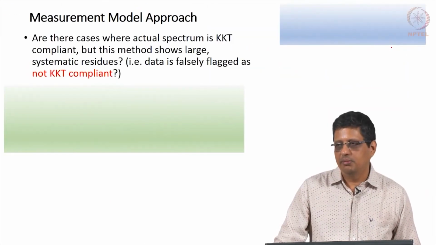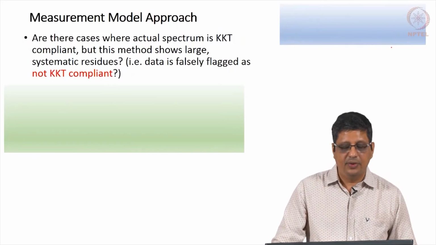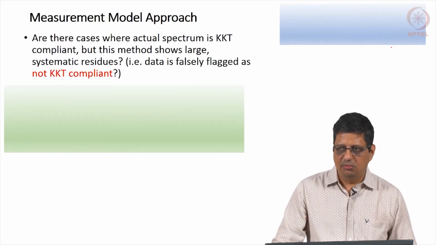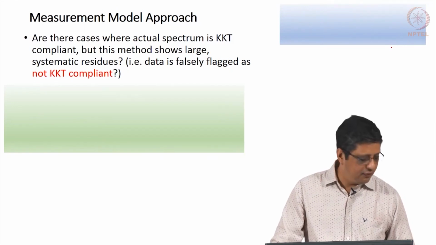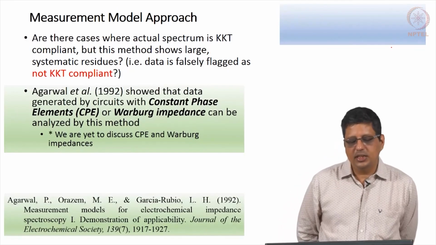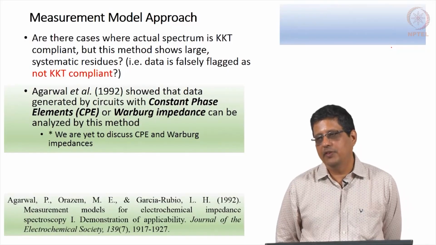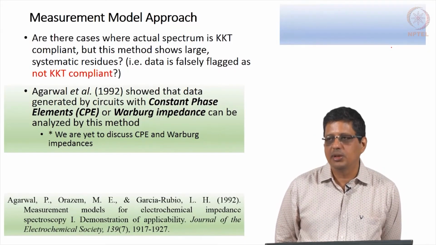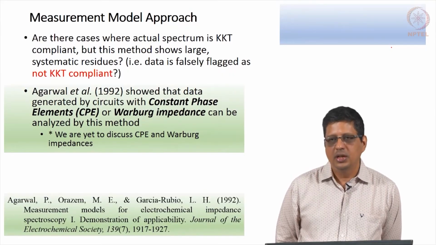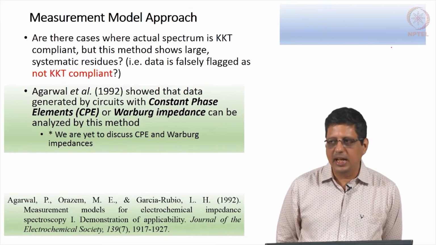Now, another question: are there cases where the spectrum is actually good, but the model says I am not able to fit, therefore it is not KKT compliant? So, data is falsely flagged, to the extent we know, it is not possible. Even if we use elements called constant phase elements or Warburg impedance, which normally are not fitted with RC circuits, I have not discussed them yet, so we will discuss them later.